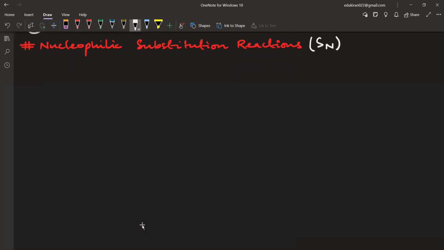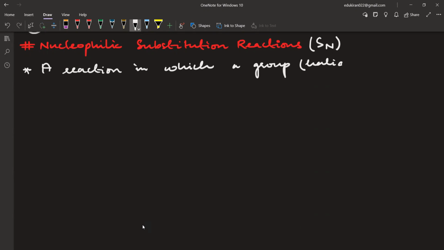Fair. Let us focus on nucleophilic substitution reactions. What are nucleophilic substitution reactions? Please write. Let's define this. A reaction in which a group, in this chapter halide, of substrate, that means organic reactant, is replaced by a nucleophile, is called nucleophilic substitution reaction.